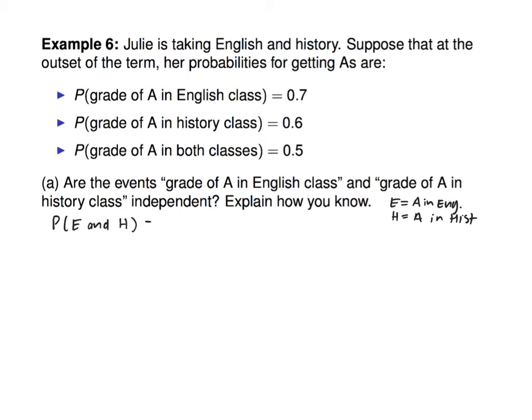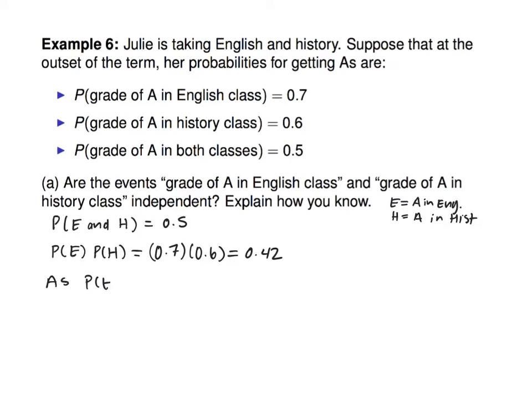P of E and H. The probability of an A in both classes is 0.5. And these events are independent if and only if this equals P of E times P of H. And since we know those individual probabilities, we can figure this out. So probability of an A in English is 0.7, history is 0.6, which is 0.42.